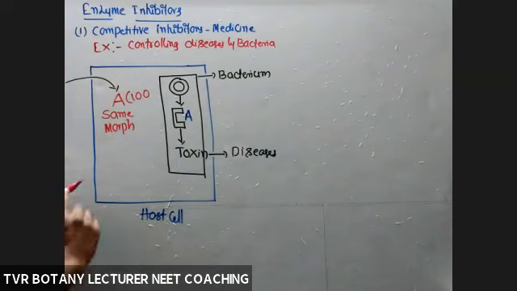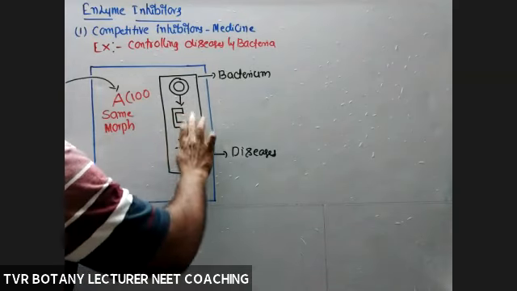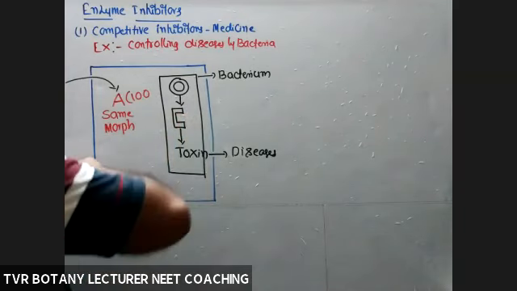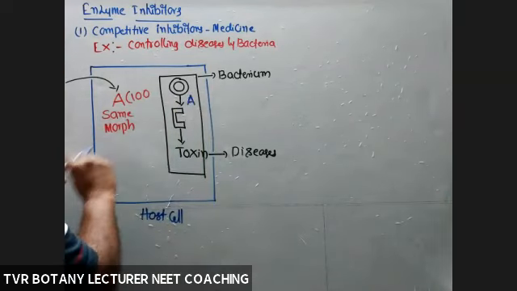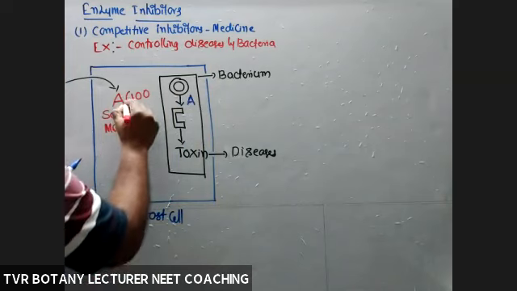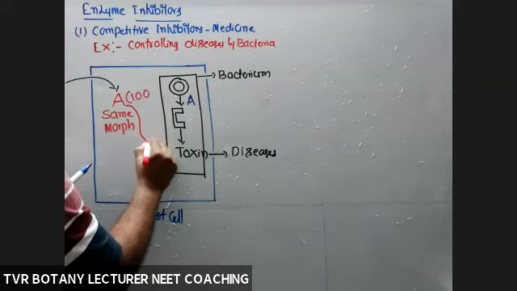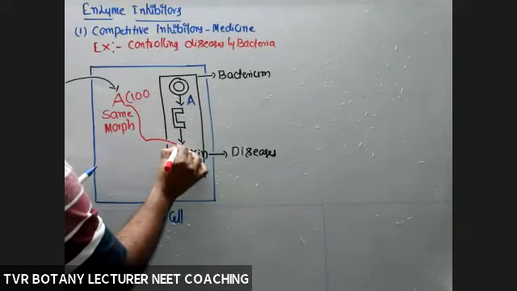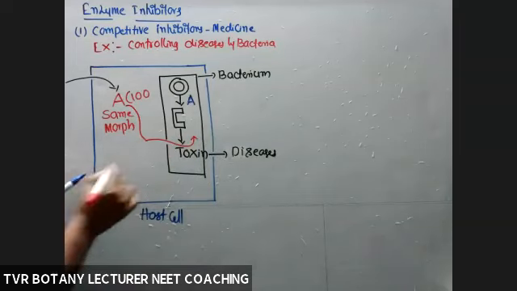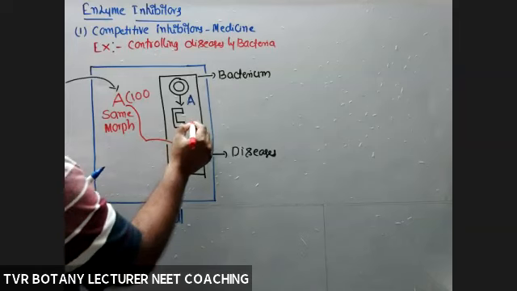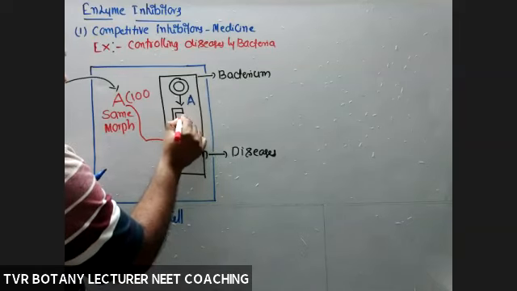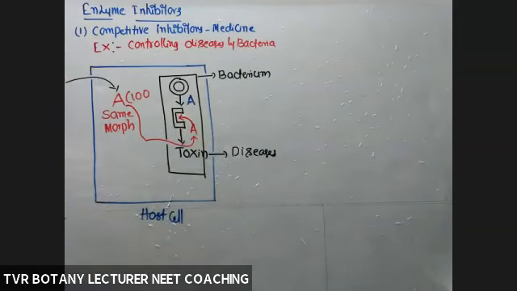Now in this competition, the number of the natural A is very small, while the A we injected is more. Now it enters the bacterial cell, and the A molecules which we injected are more, so they bind to the binding site of that enzyme.